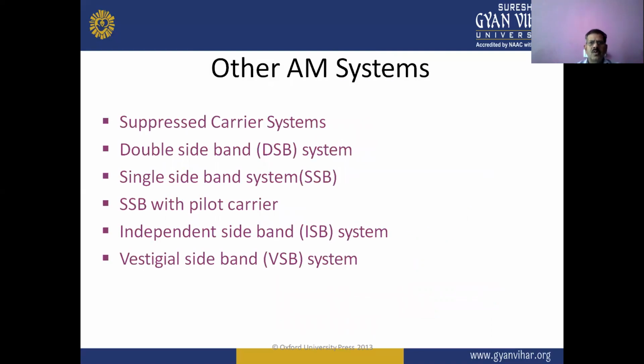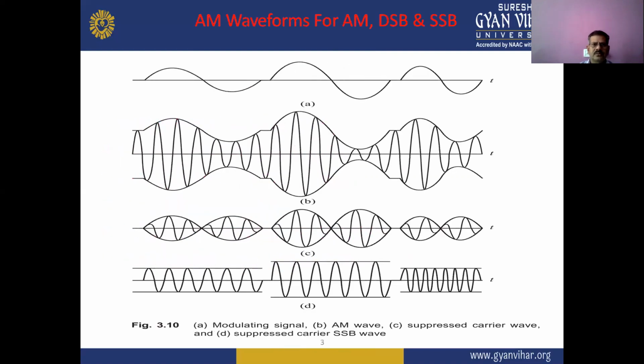There are also other AM systems. The suppressed carrier system is an AM system, and also double sideband systems, single sideband systems, single sideband with pilot carrier, independent sideband systems, and also the vestigial sideband VSB system are examples of other AM systems.